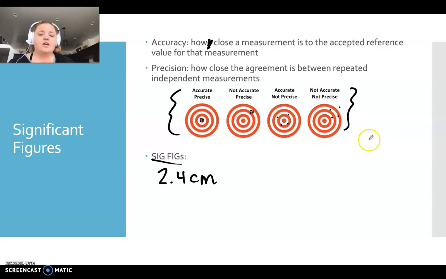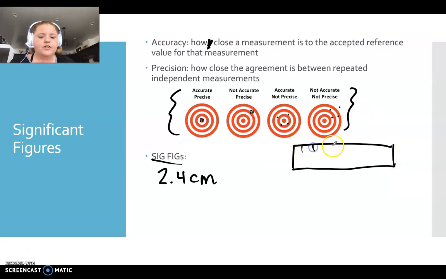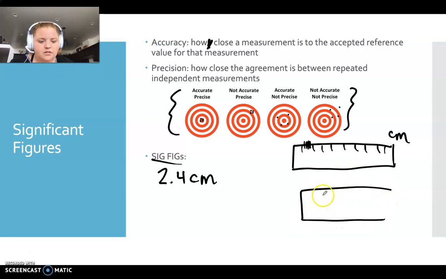We know that rulers have these little marks on them, and say that these are the centimeter marks. Between each of these lines usually are millimeters. I can't draw that many in there, but hopefully you know what I'm talking about. Maybe I can draw it on a larger scale.